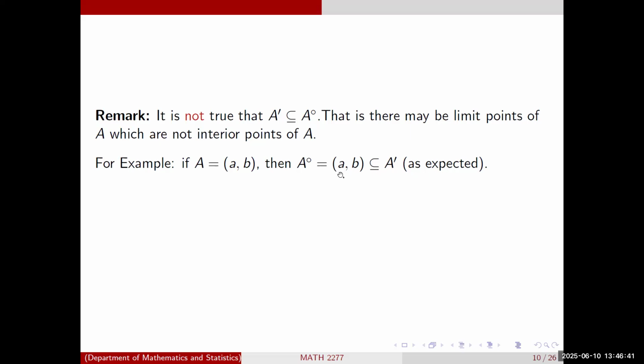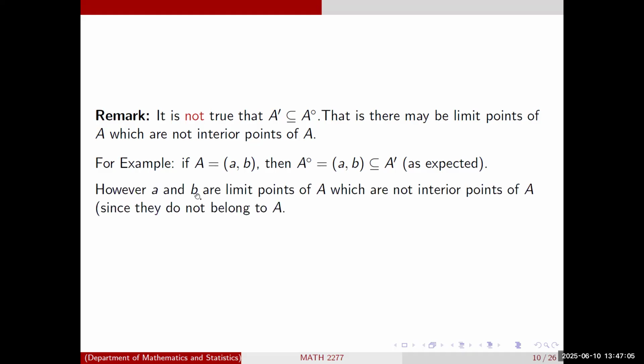You could show that every point in (a, b) is indeed a limit point. However, a and b, you could show, are limit points of A, but they are not interior points of A, since they do not belong to A.